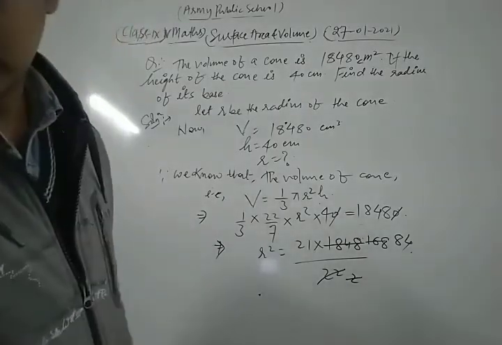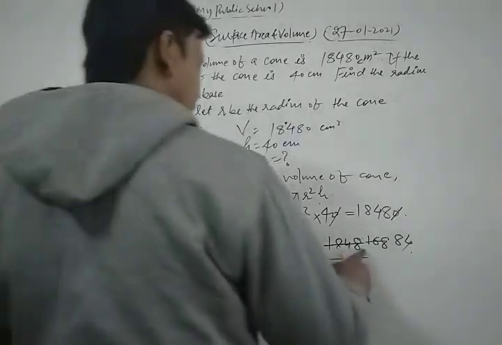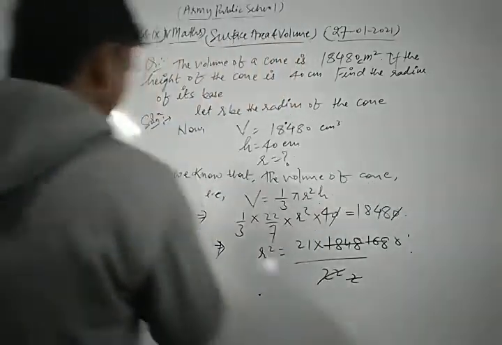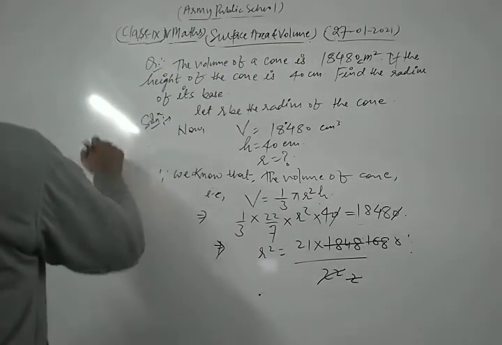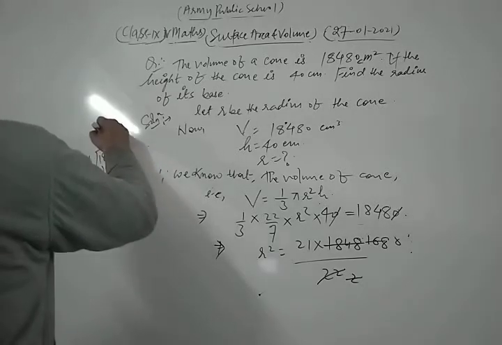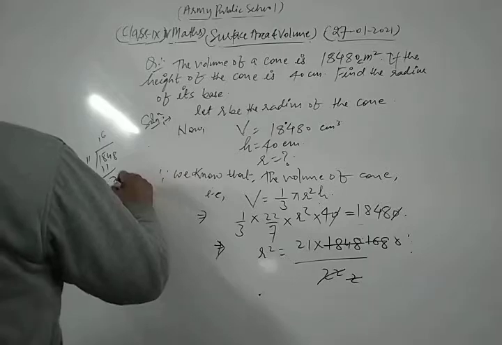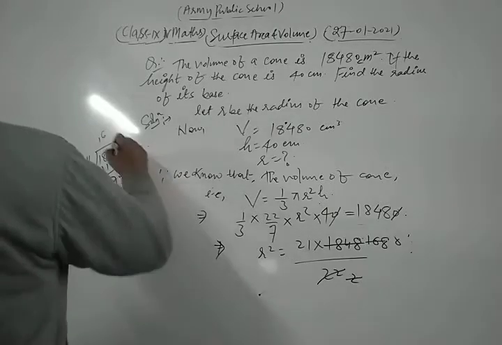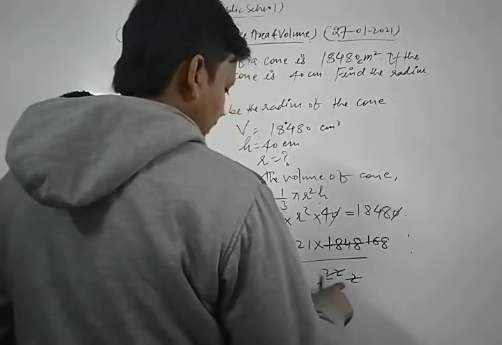Let's see, 11. Okay, now if we divide 1848 by 11, we get 11 ones are 11, this is 7, 11 sixes are 66, 8, 11 eights 168. Okay, 168.